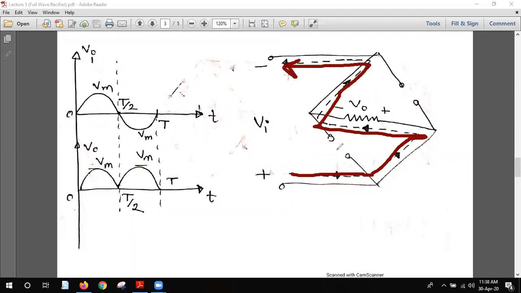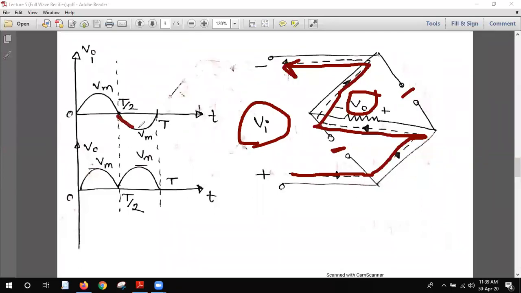So this diode and this diode will be reverse biased. So you see that for the whole voltage there will be no voltage drop. The whole voltage vi will appear as vo across the resistance.